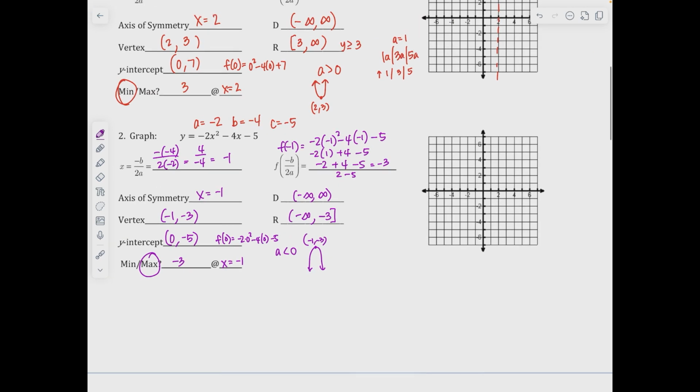Okay, so if I plot my vertex, negative 1, negative 3, I am down here. I am also at 0, negative 5. My axis of symmetry goes right through my vertex. 1a, 3a, 5a, where a is negative 2. So that's a negative 2, negative 6, negative 10.